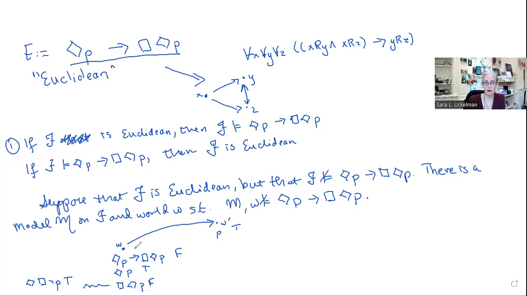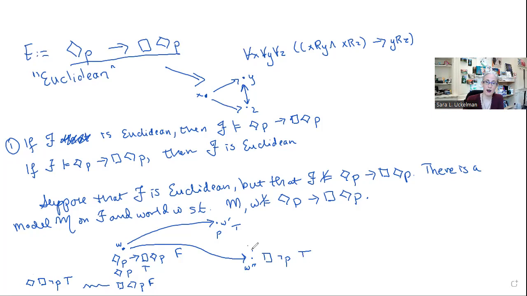This is another possibility, so we need to create a new possible world, W2 prime, where at this world we will have necessarily not P being true. But look at this. We assumed that our frame was Euclidean. We have a world that can see two worlds. This means they need to be able to see each other.